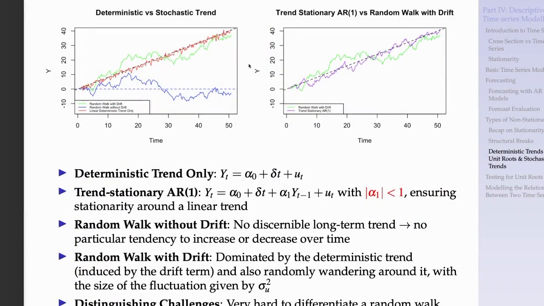If the drift is positive, here alpha naught is positive, therefore the random walk with drift has an upward trend. But because there's also the stochastic trend component, it randomly wanders around the deterministic trend without a tendency to revert to it, because each shock permanently affects its trajectory.